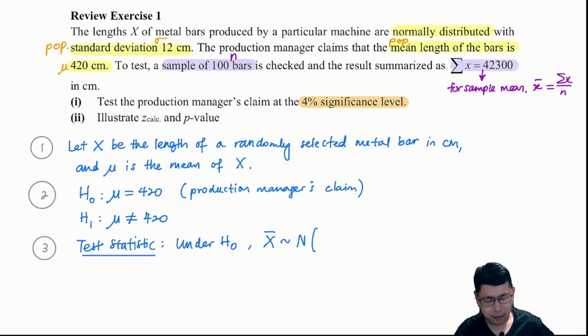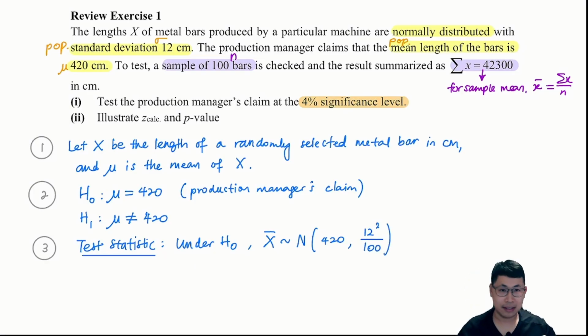We need mean and variance. The mean is the given 420, assuming that H naught is true. The variance will be standard deviation 12 squared divided by n, because this is the sampling distribution of the sample mean, so 12 squared over 100.